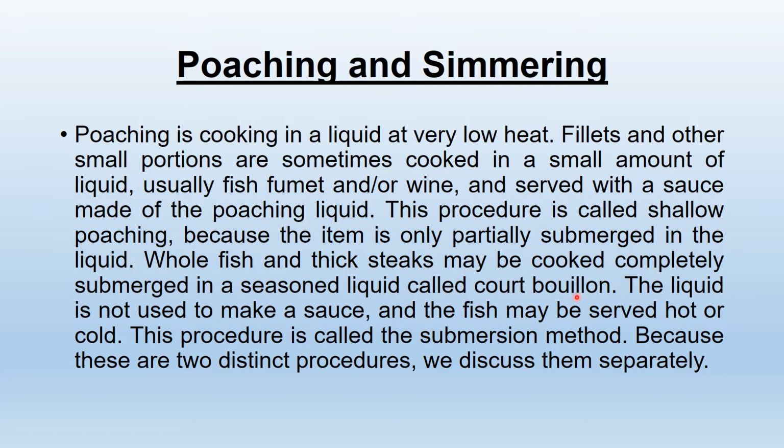Remember, I was telling you at the beginning of this lesson what a court-bouillon is. It is a stock, also known as a quick stock, meaning it uses only vegetables and doesn't contain any fat or animal gelatin. And with this one, you don't use it to make any sauce. But we're going to be discussing those two separately.